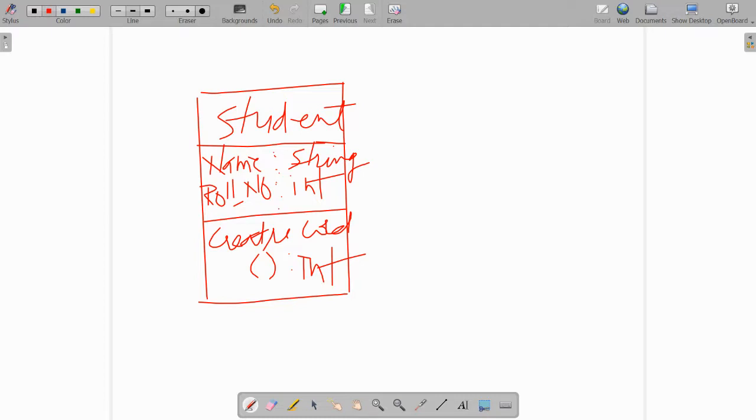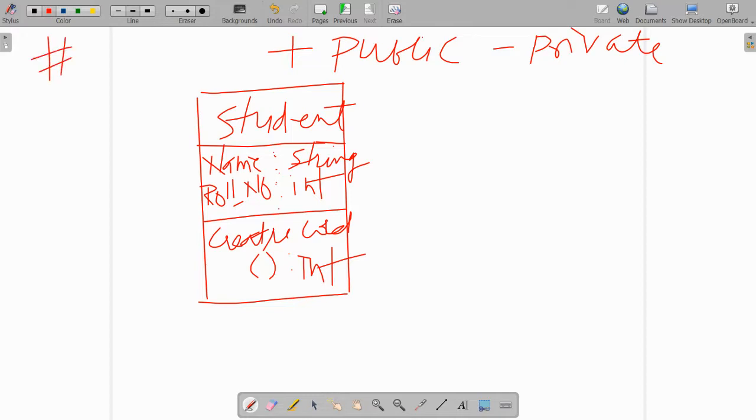I think these notations are also clear to everyone, because you must have studied them in the OOPs subject. Whenever you have to show something as public, plus is used; minus is represented by private; and hashtag is represented by protected.